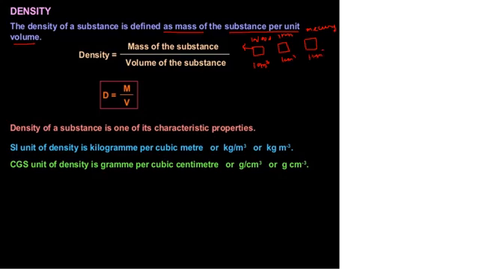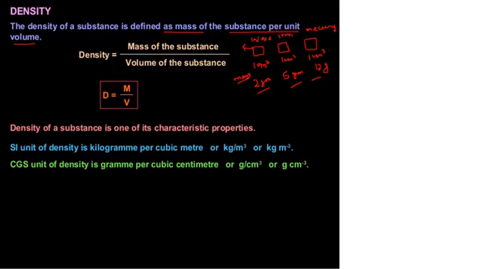If I weigh them, let me find out the mass. Let the mass of wood be 2 gram, the mass of iron 5 gram, and the mass of mercury 12 gram. So I have taken the same volume of different materials and found out the mass.